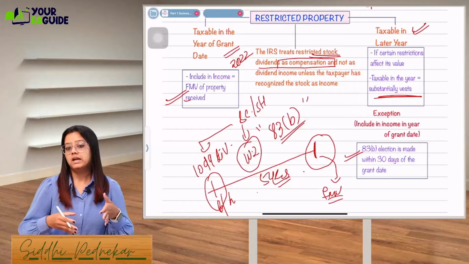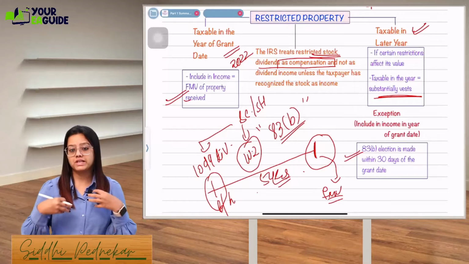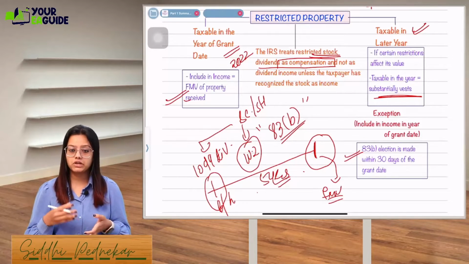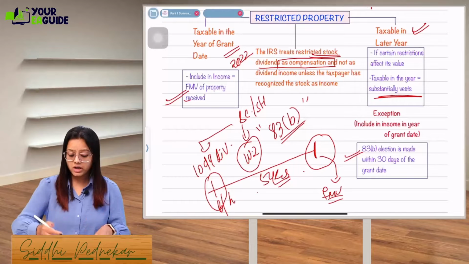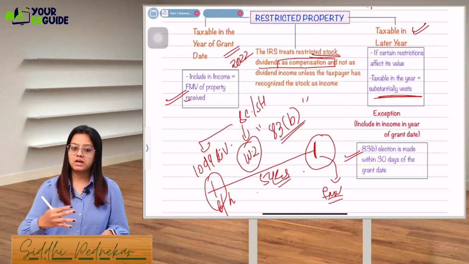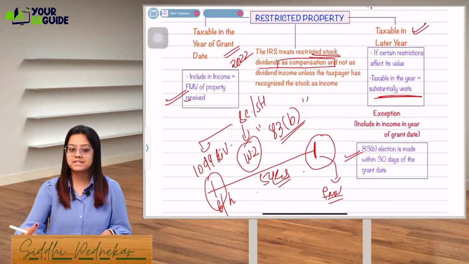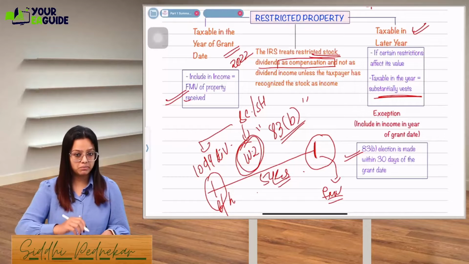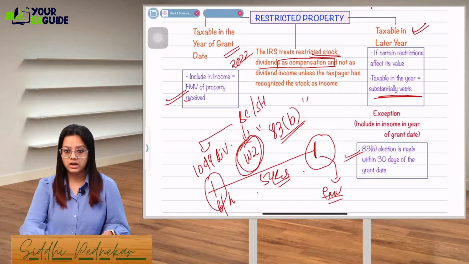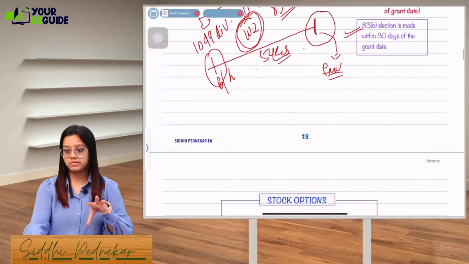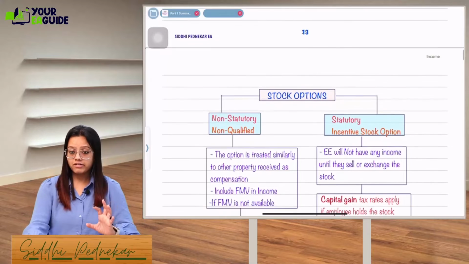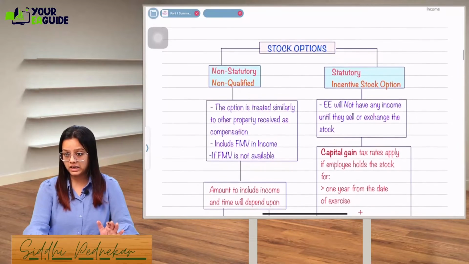Later on, after 5 years, when you vest those shares and the restrictions are removed, the dividend you receive will be considered a normal dividend, normal passive income. Right now it is included in your W2, so it's your ordinary income. Okay, got it guys? Restricted property we have already done in the class very well. Please refer to that material again.